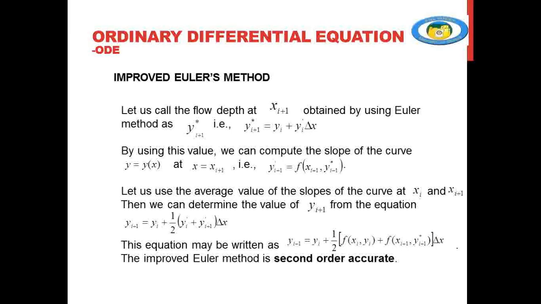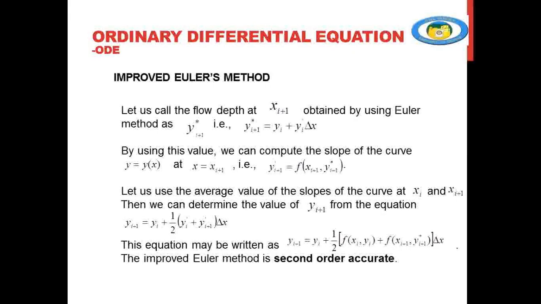Using the average of the initial estimate of the slope and the final estimate of the slope, we find yi plus 1 as yi plus half times the average of these slopes times delta x. So this would relatively enhance the solution from Euler's method. It's second order accurate.